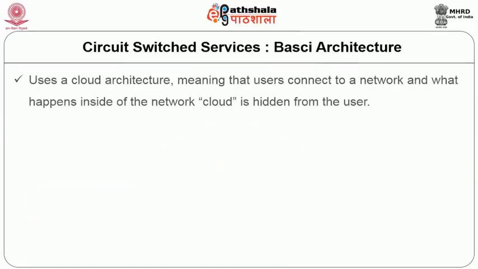Now, basic architecture uses a cloud architecture, meaning that users connect to a network, and what happens inside the network is something like a cloud, which is hidden from the user. So the user need not generally understand to communicate with the tools.